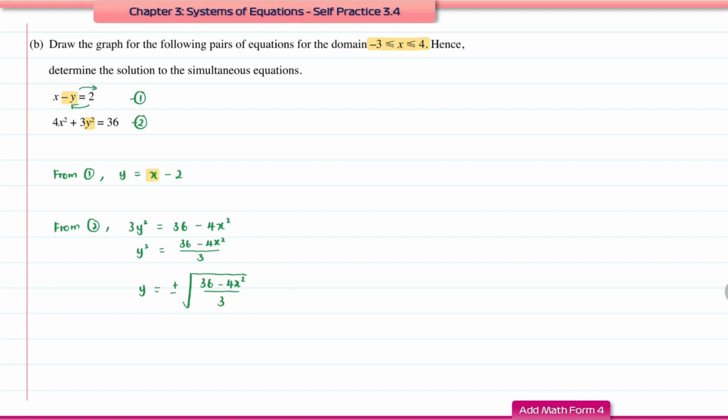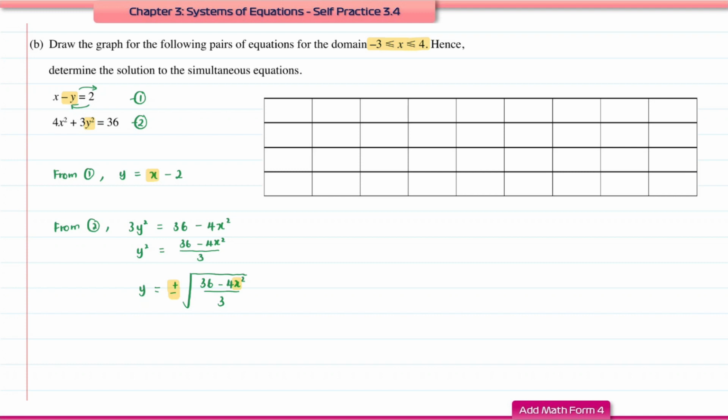To find the coordinate y for equation number 2, you just need to substitute the x here with the values negative 3 until 4. But because you have two possible answers, one positive and one negative, for each of the x coordinates you're going to have two coordinates y, one positive and another negative.